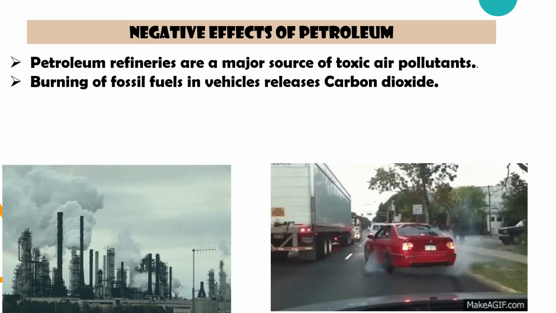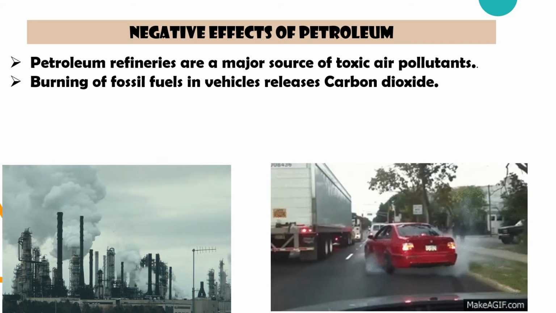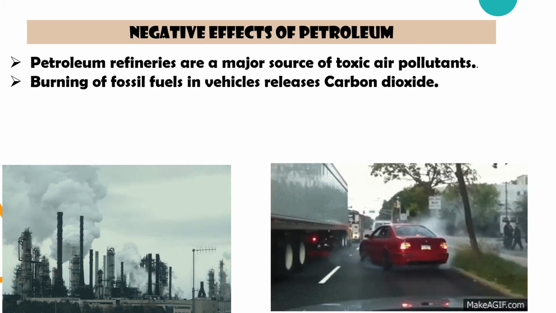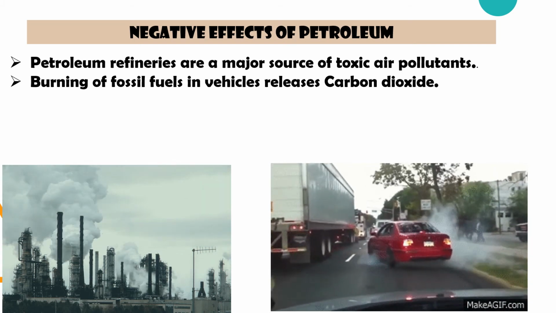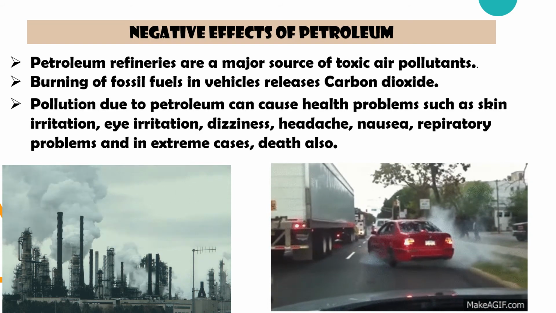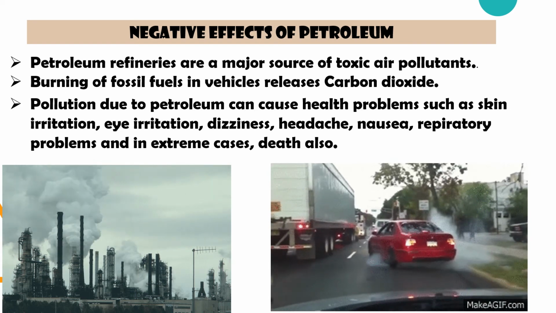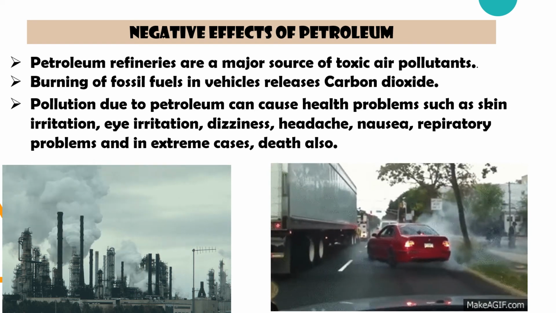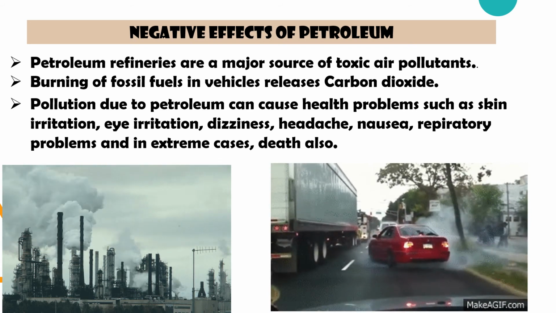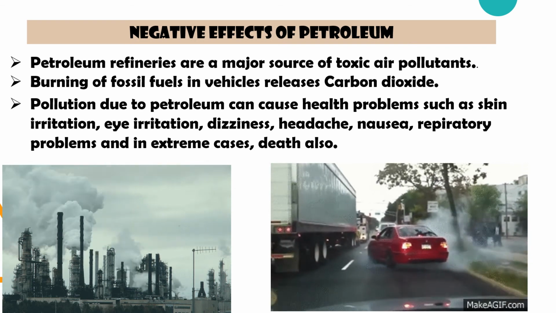The carbon dioxide generated by burning fossil fuels can be controlled by growing trees because trees and plants absorb carbon dioxide during the process of photosynthesis. Pollution due to petroleum can cause health problems such as skin irritation, eye irritation, dizziness, headache, nausea, respiratory problems, and in extreme cases, death also.